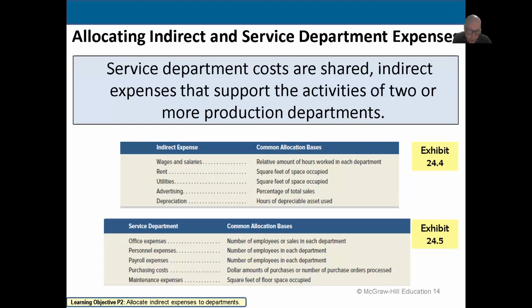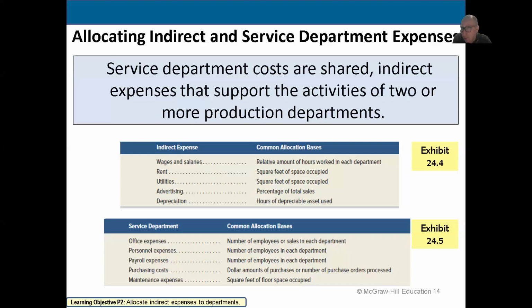So office expenses, payroll expenses, personnel, purchasing costs, maintenance expenses, all these are examples of expenses that come from service departments. Think of a service department as a department that services the entire store, not just one individual department.